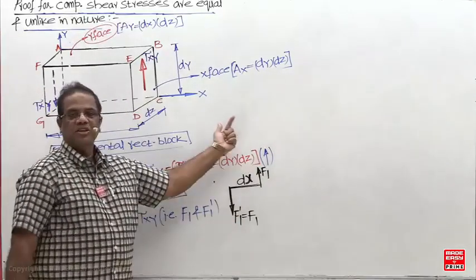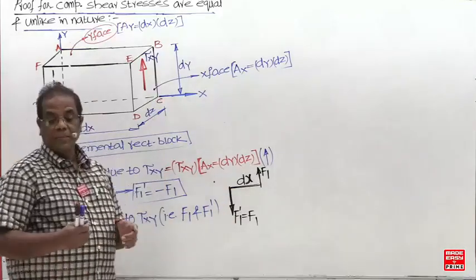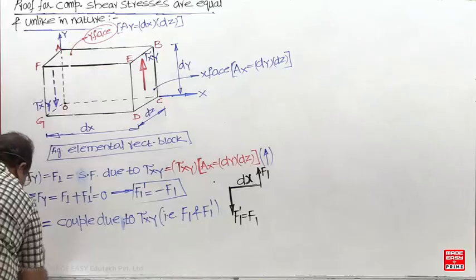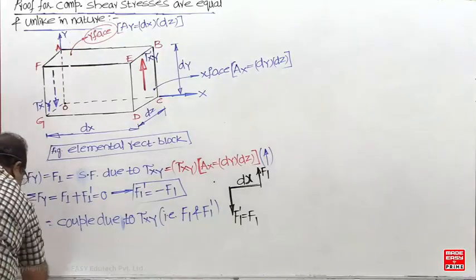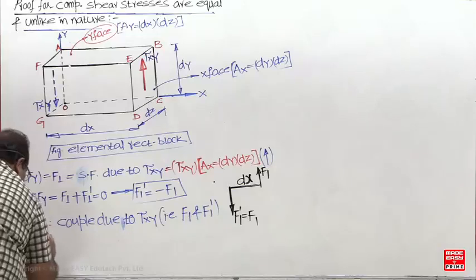These two will form a couple in the vertical plane in anti-clockwise direction. So I am taking this as negative Cz. C1, I am calling it.